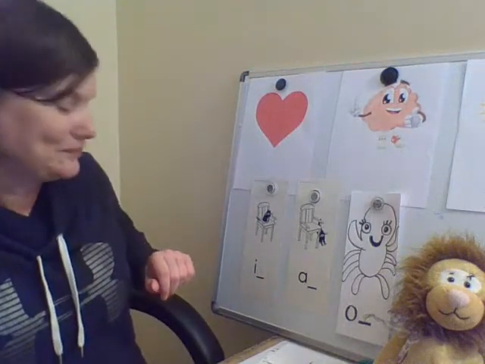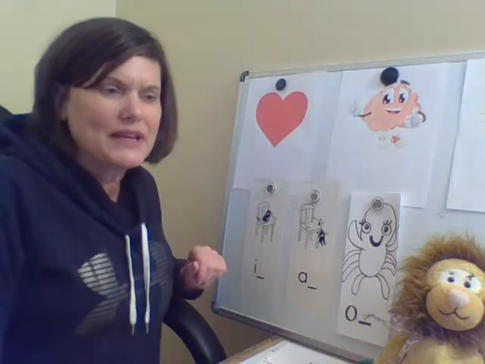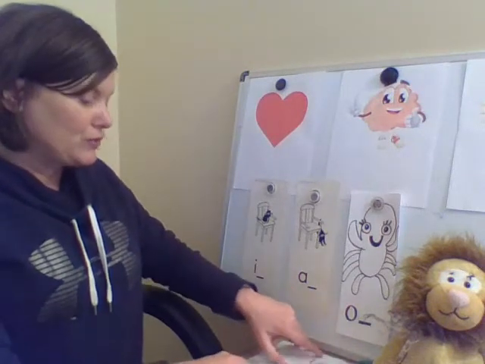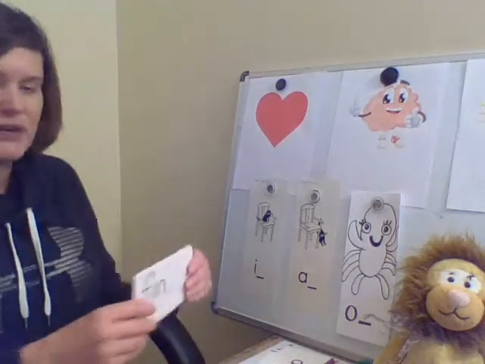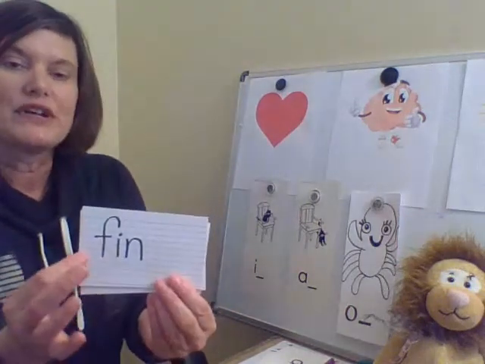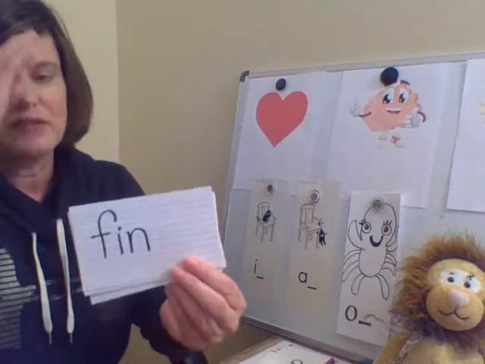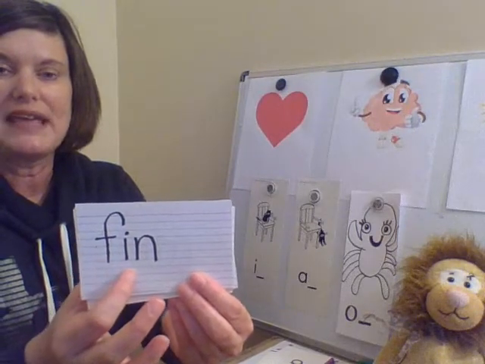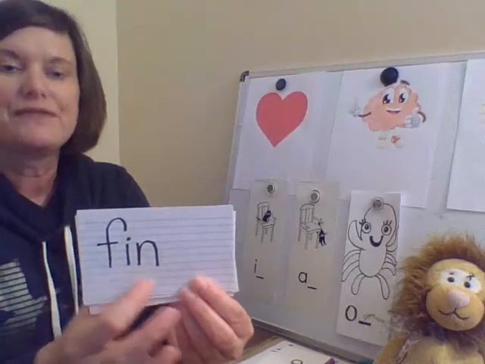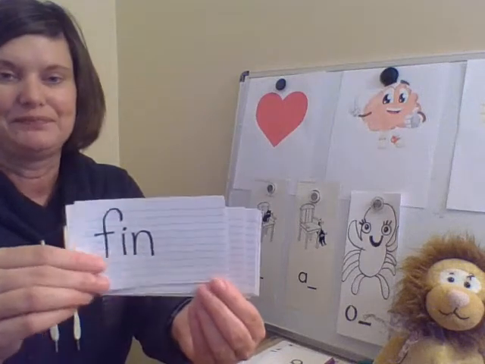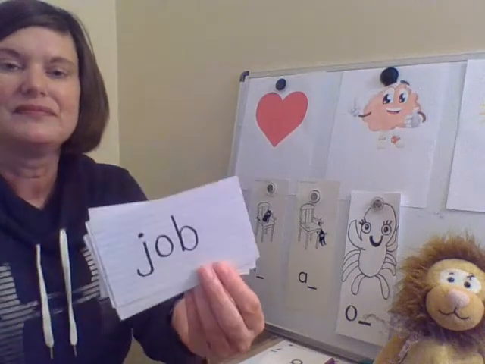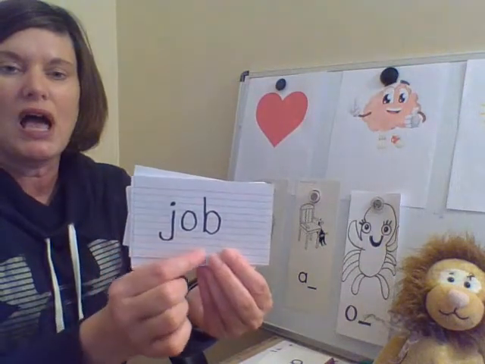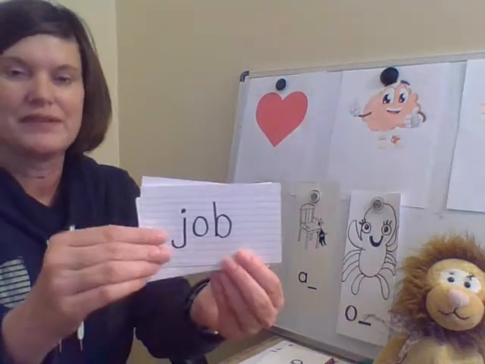Very good. Okay, now we are going to decode some words. We're going to stretch out the sounds and then we'll put it all together. Okay, ready? Fin. Very good. Next word, let's do it together. Job.